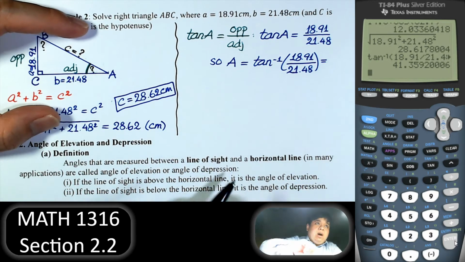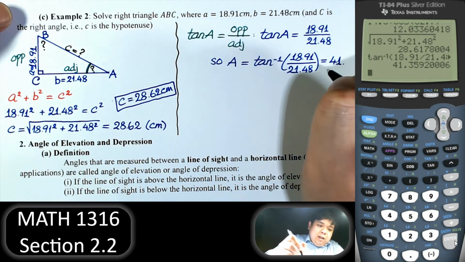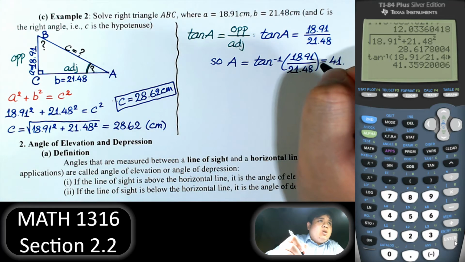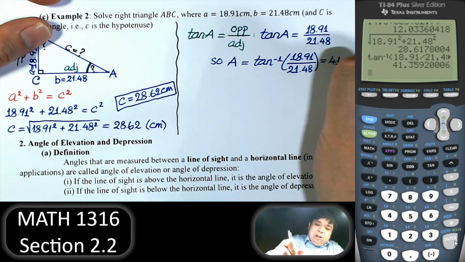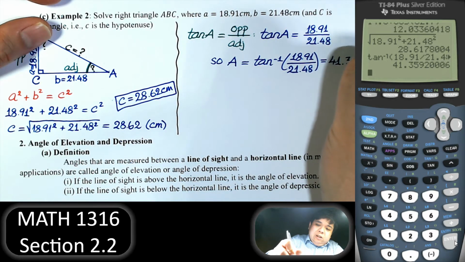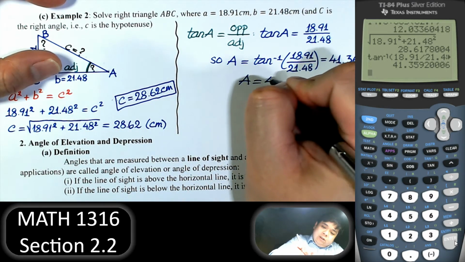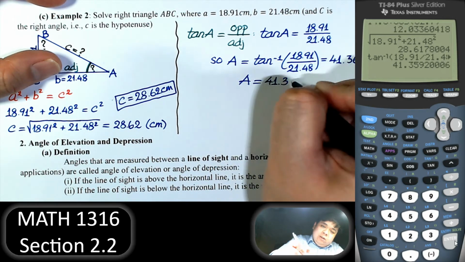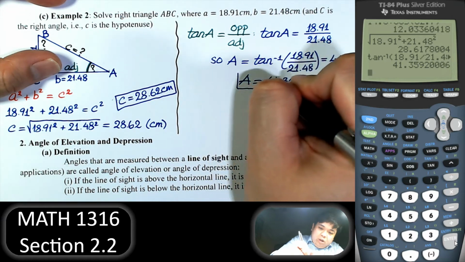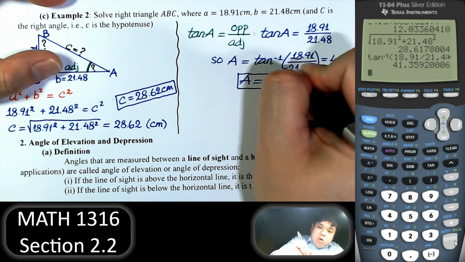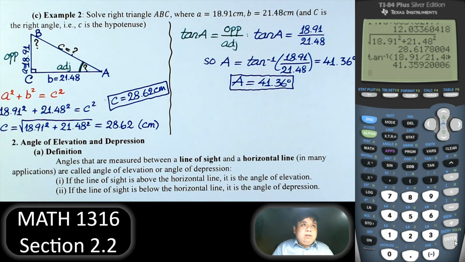And it's 41. Let's use 1 decimal place or 2, it doesn't matter. Let's say 2. Yeah, in the homework it will specify how many decimal places they want. Right, so that's good then.